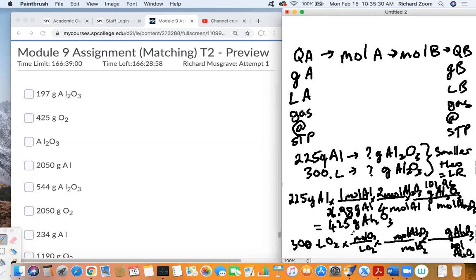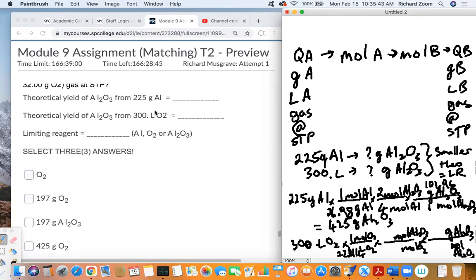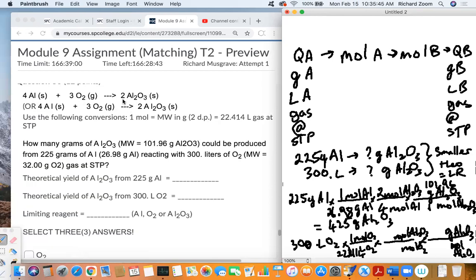Now the relationship there is 1 mole, 22.414 liters. The relationship between moles of Al2O3 and moles of O2, go back up here, you've got 2 moles of Al2O3, 3 moles of O2. So that's from the reaction, 2 and 3. And then the same molecular weight, 101.96 grams of Al2O3, 1 mole.